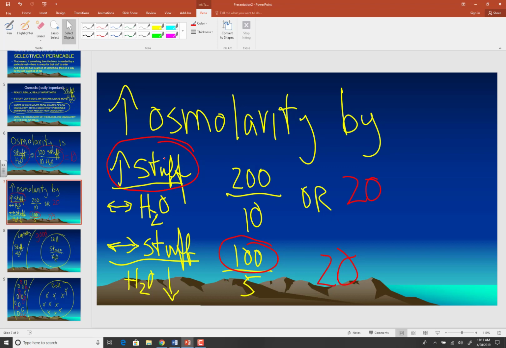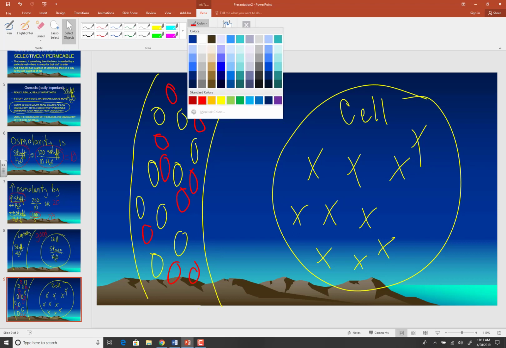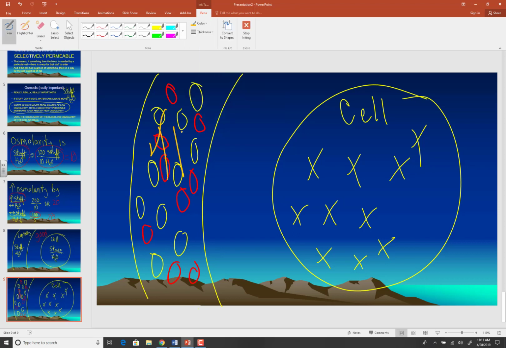The osmolarity of the blood is going to go up, right? Now, the osmolarity of the blood is higher. It's higher. That's an arrow going up. Than the osmolarity inside the cell.